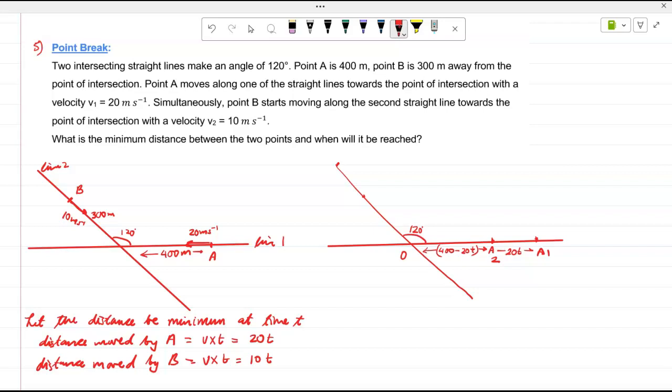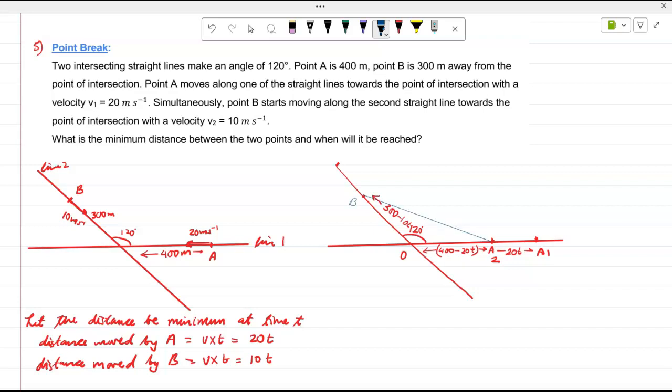The remaining distance of B will be 300 minus 10t, because B was 300 meters away initially. So what is the distance between them now?